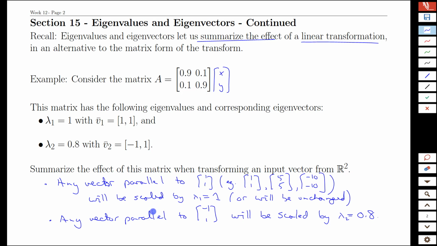So this is going to tell us all the information we need to know about what the A transform does in a different format, in some way an easier to parse format than the matrix form.